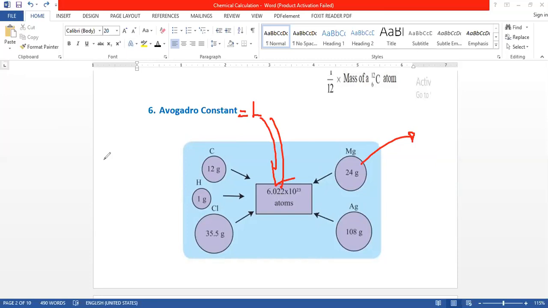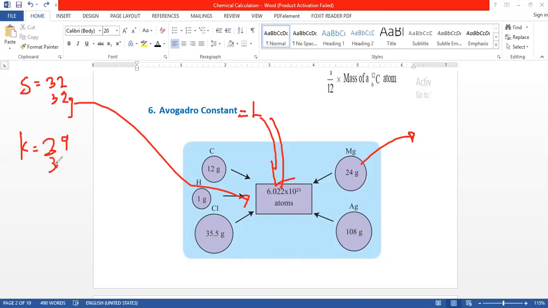For example, if you take sulfur, relative atomic mass 32. So if you take 32 gram, it will have this number. If you take potassium, relative atomic mass 39. So if you take 39 gram, then it will have the number. Look at this one.